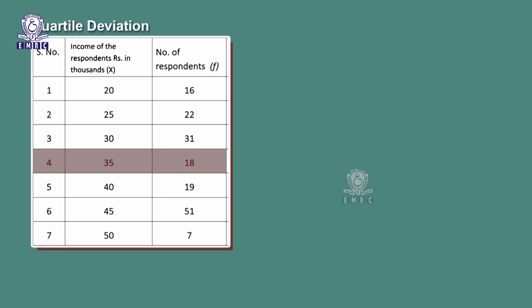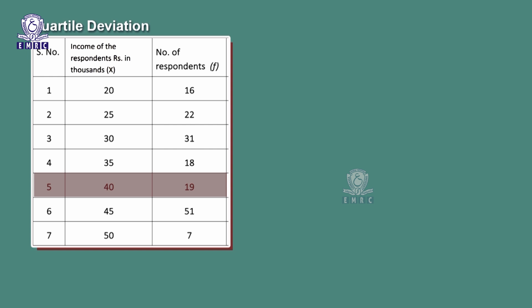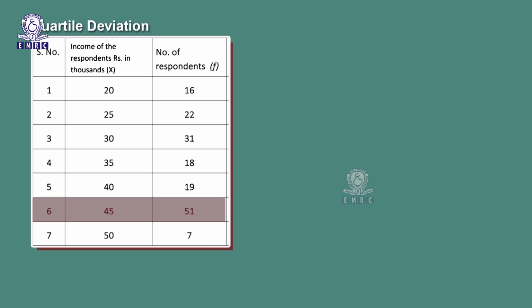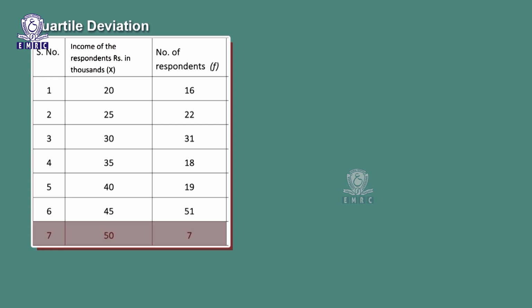There are 18 people earning around 35,000, 19 people 40,000, 51 people earning around 45,000 per month, and there are 7 people who earn around 50,000 per month. Our duty is to calculate the quartile deviation for this series.